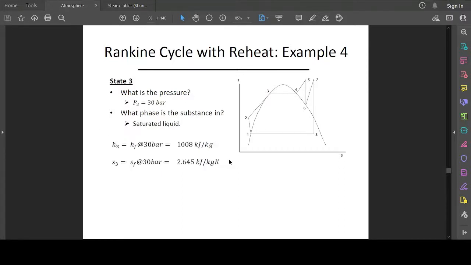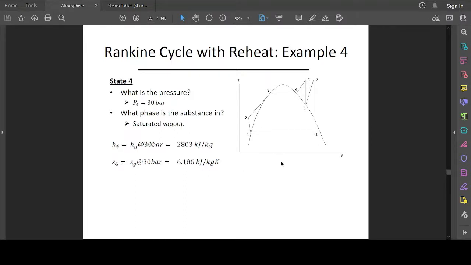So for stage 3, we know that there is an isothermal heating of the compressed liquid to get it to a saturated liquid at 30 bar in the boiler. So we go to the 30 bar section under saturated liquid, and we find the corresponding enthalpy and entropy.